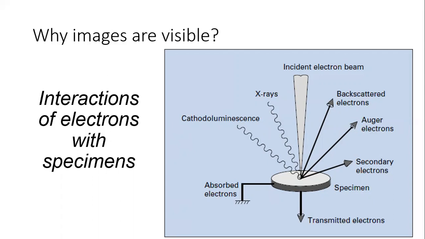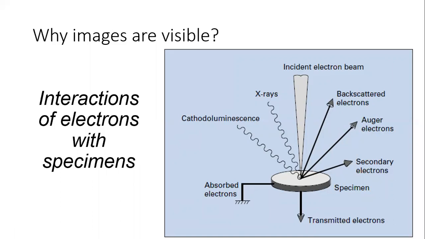When electrons enter the specimen, as you can see here, this is the incident electron beam that comes from the electron gun. And when the electrons enter the specimen, the electrons are scattered within the specimen and gradually lose their energy. Then they are absorbed in the specimen.